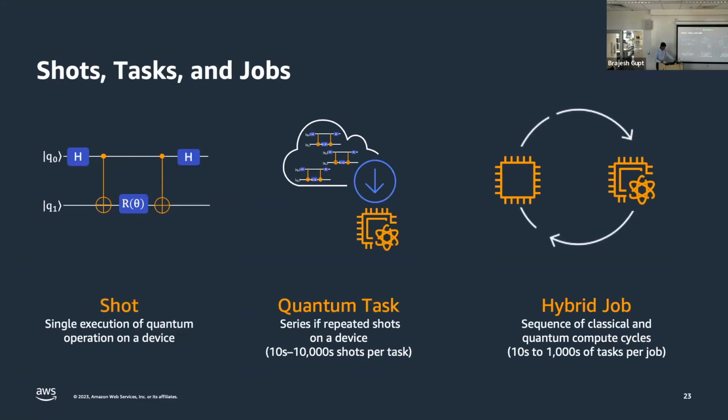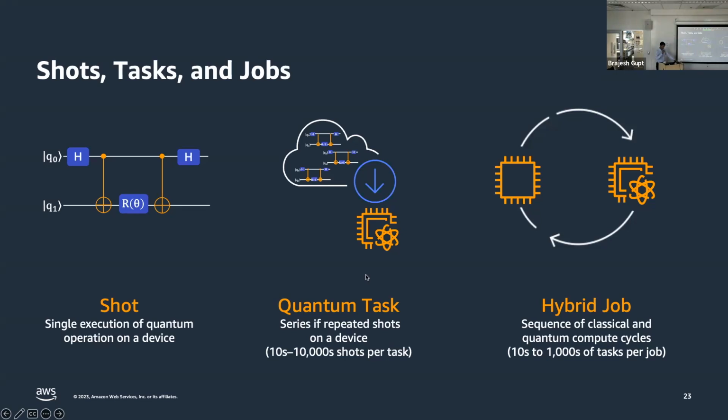In this presentation so far, we talked about shots. Shots are basically, if you run a quantum circuit just once, that is one shot. What you can do is combine a number of shots in a quantum task, right? A series of repeated shots on a device is called a quantum task.